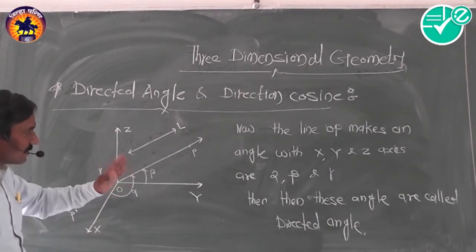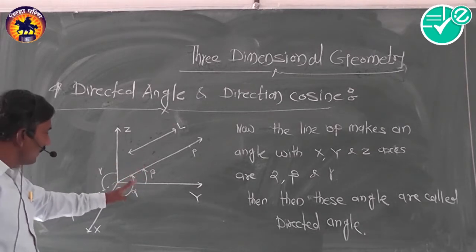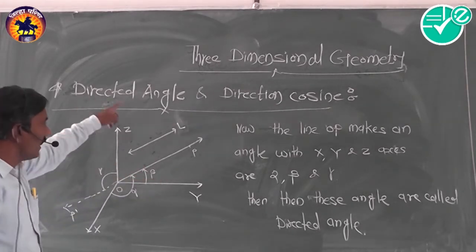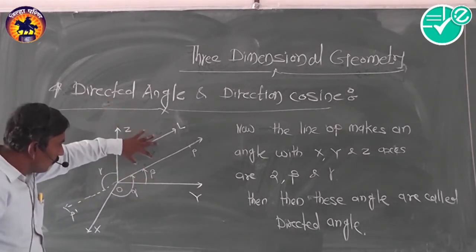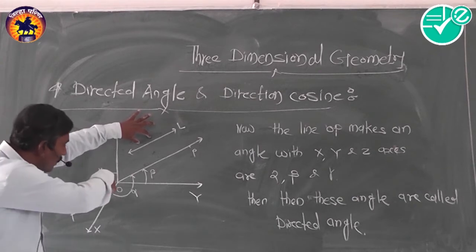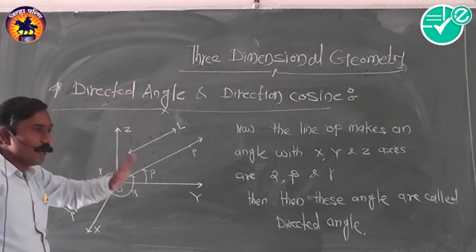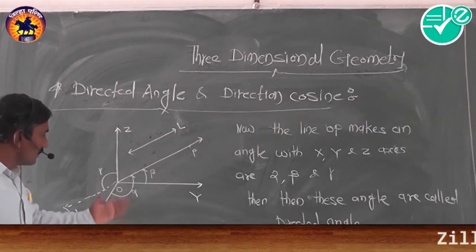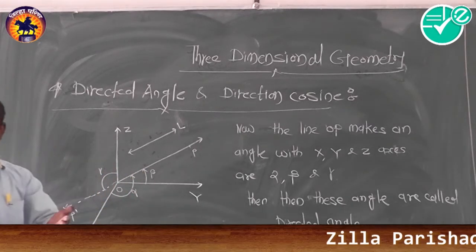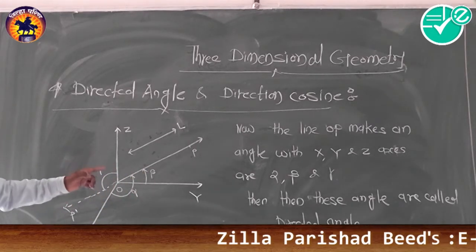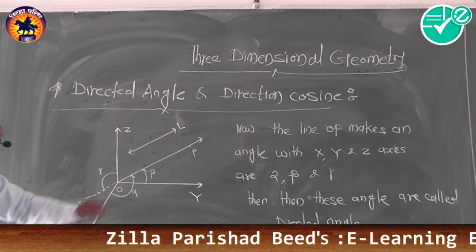These three angles are called directed angles, and L line is parallel to OP, so L line also makes the angles alpha, beta, gamma.